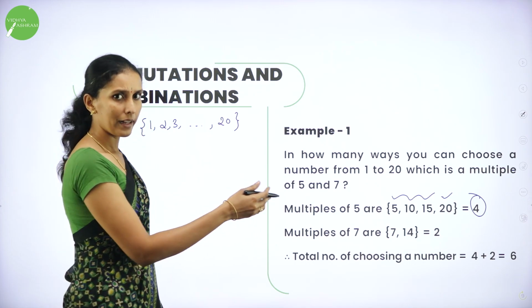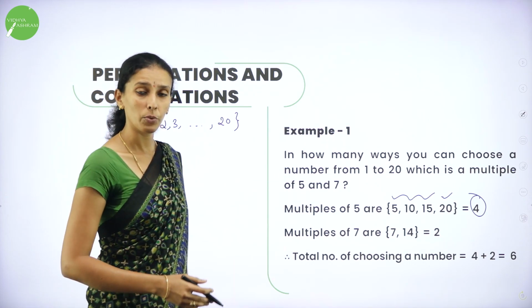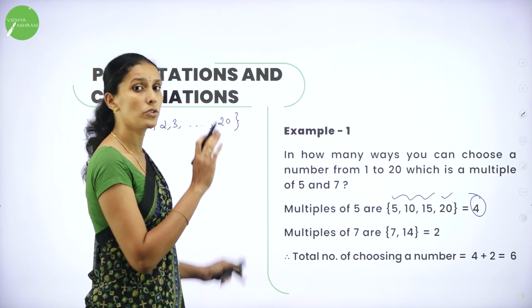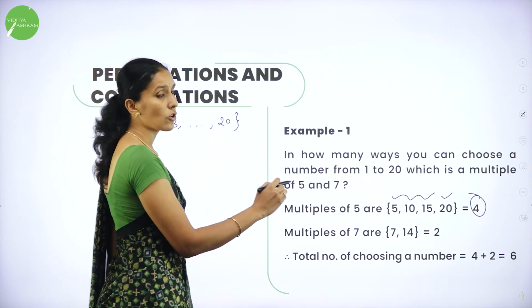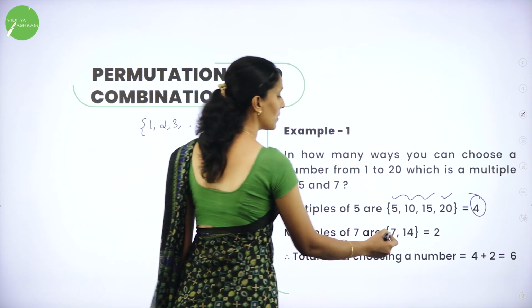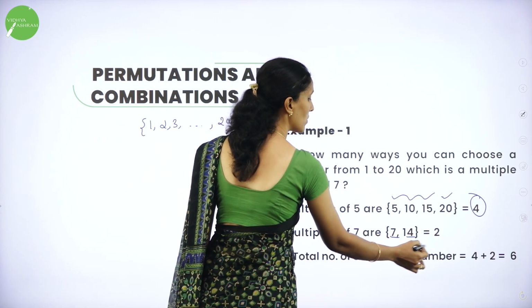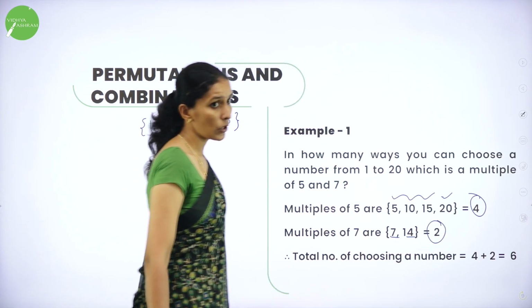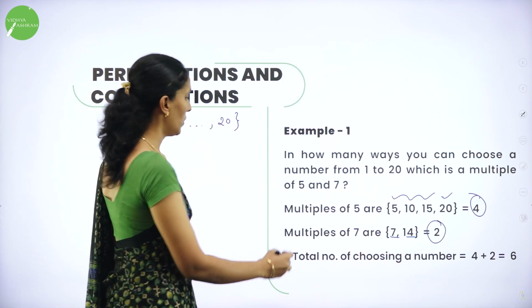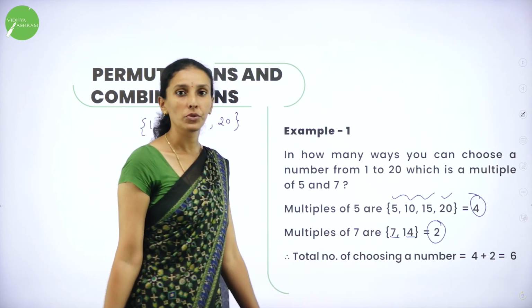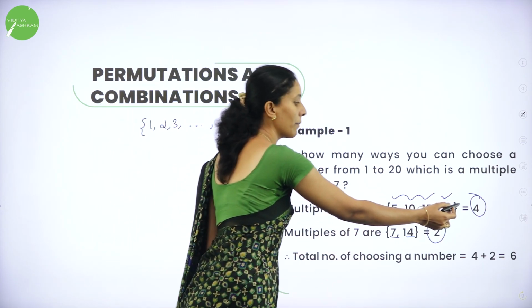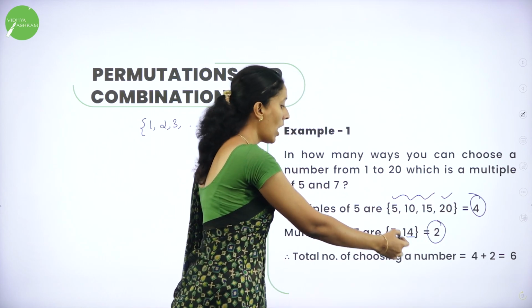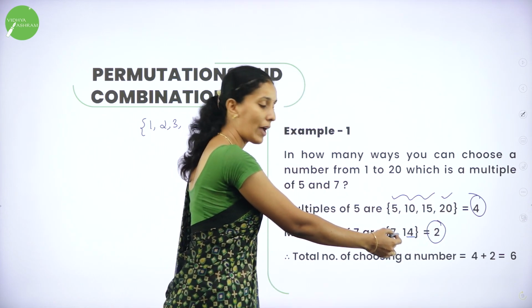Do you have anything other than that? No, 5, 10, 15 and 20 are the multiples of 5 from 1 to 20. Now the multiples of 7. What are the multiples of 7? 7 and 14. How many elements do you have? 2 elements. So the total number of ways of choosing a number: how many multiples of 5 do you have? 4. How many multiples of 7? 2.